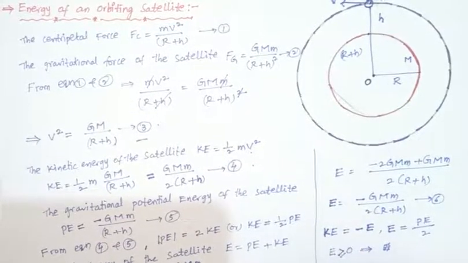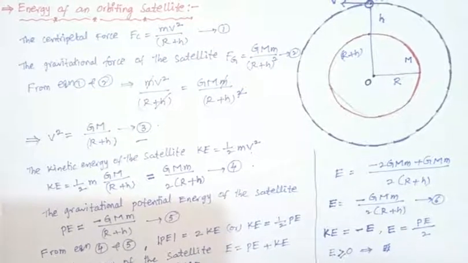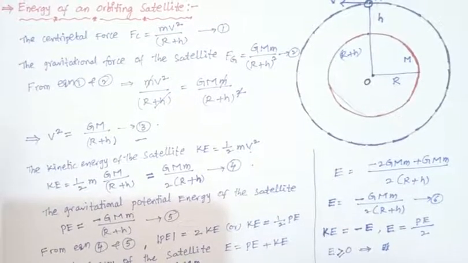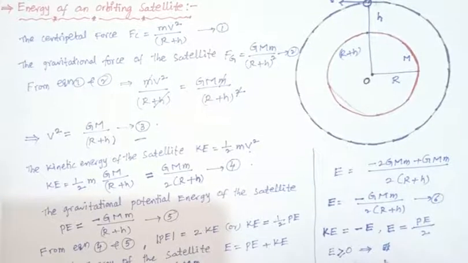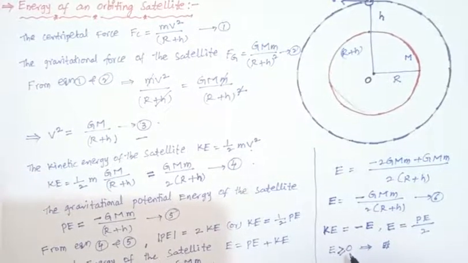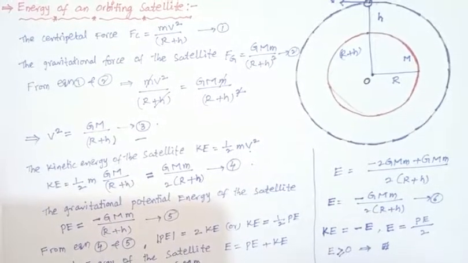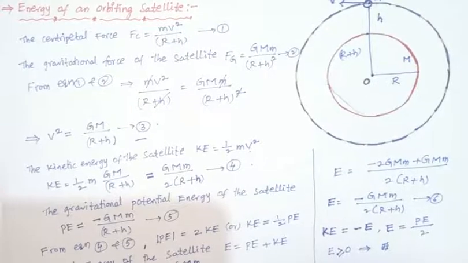So we consider the satellites to be always at a finite distance from the earth surface, so their energies cannot be positive or 0.